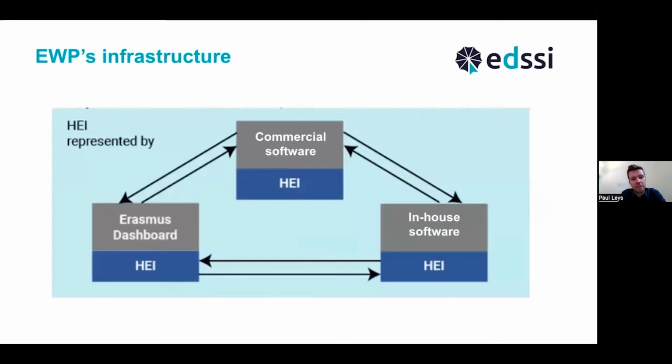So you either connect via the EWP dashboard, which is the free cloud solution. You might have commercial software, or you might have in-house software to manage mobilities. And via EWP, we connect those systems where you can, point to point, one system to another system, exchange information on all the processes that were mentioned before.